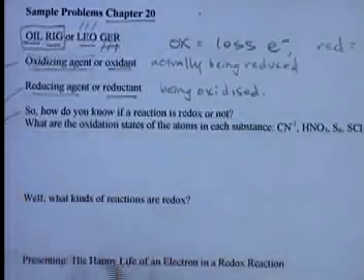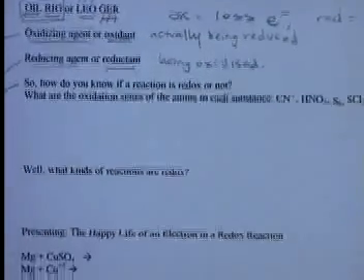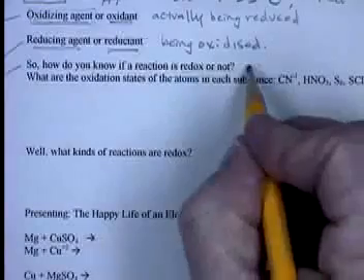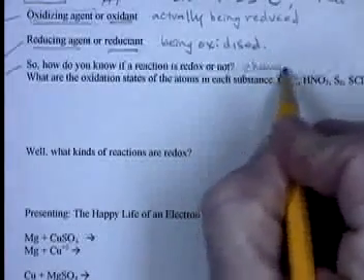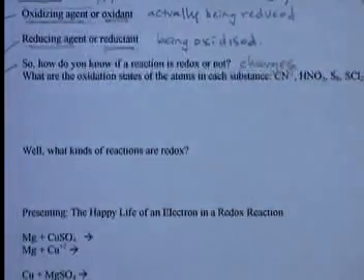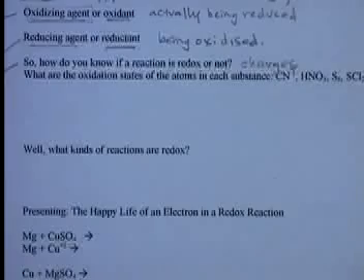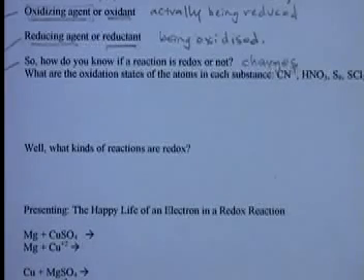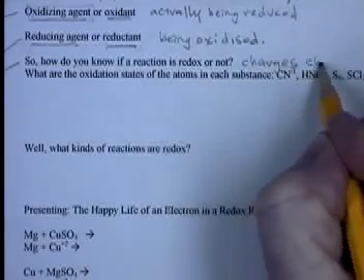So how do we know if a reaction is redox or not? Well, the way to know is if the charges of the elements or ions that are reacting change from reactants to products.